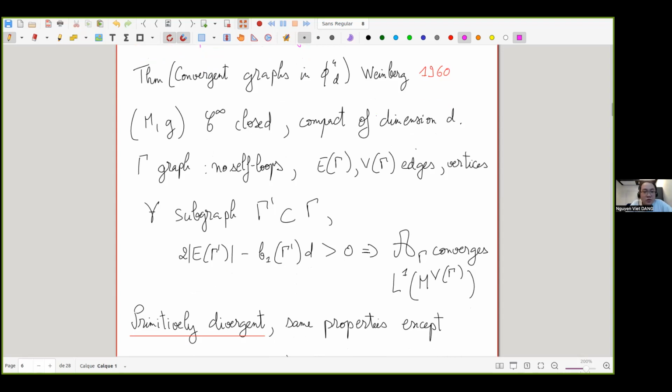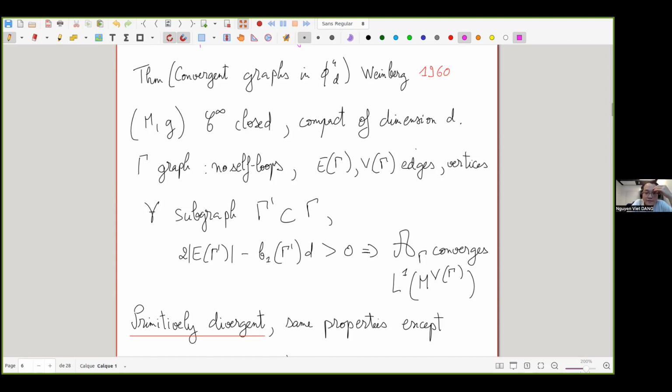You consider M, g a smooth, closed, compact Riemannian manifold of dimension d. If you don't like manifolds, just say the torus T^d. You are given a graph gamma with no self-loops, and I denote by E(gamma) and V(gamma) its edges and vertices.